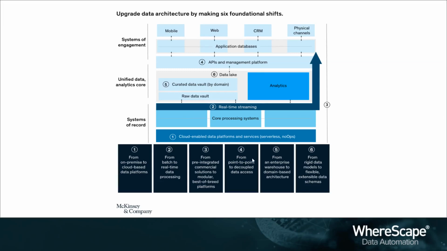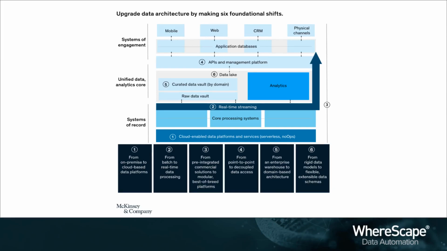So the six foundational shifts are on the bottom. You go from on-premise to cloud-based data platforms, batch to real-time data processing, integrated solutions to a modular best-of-breed approach, from point-to-point data pipelines to decoupled data access, and from a traditional enterprise warehouse to a domain-based architecture.